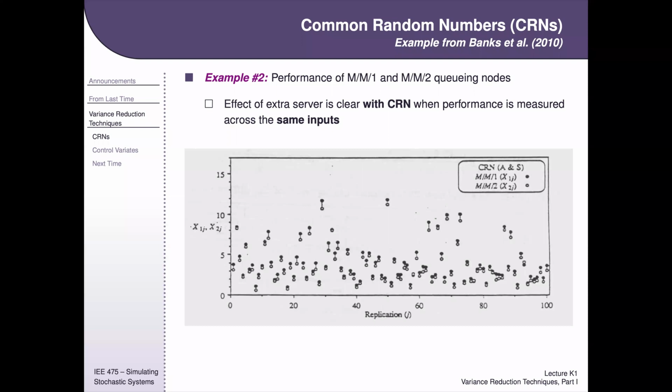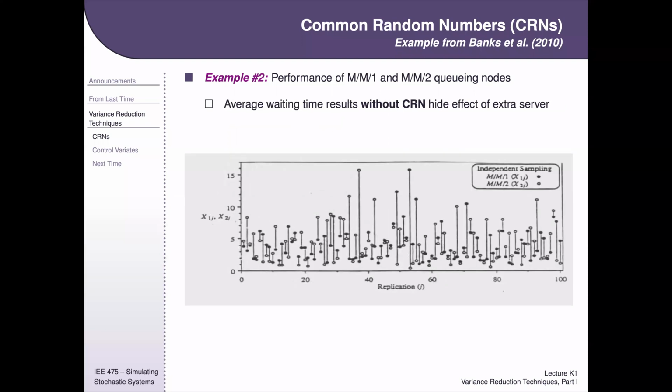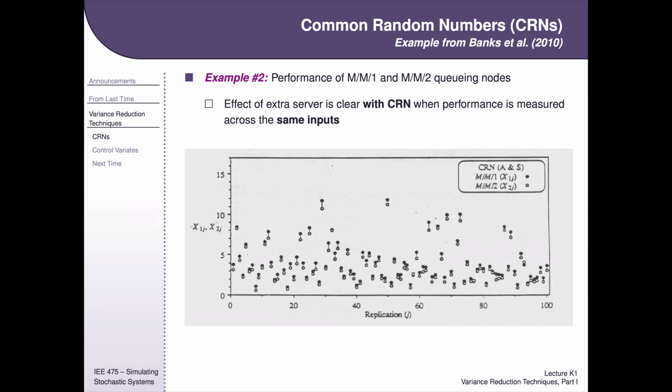So the big thing to take away here is that there is a very small difference between these systems. This small difference was totally wiped out by independent sampling. I can't tell which one's ahead, which one's behind, and the variance, just the unlucky variance of getting a different customer stream, is a much, much bigger effect than the true effect that we're looking for. But if I pair those customer inputs together, then I've extracted out that ugly additional source of variance.